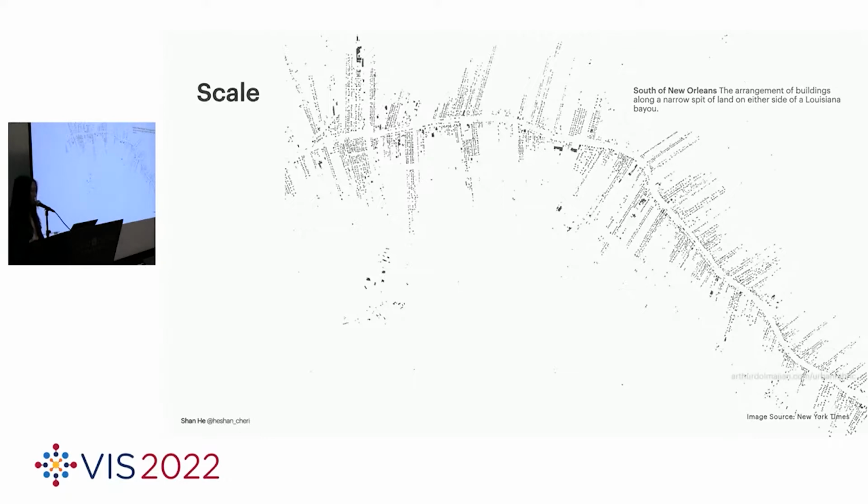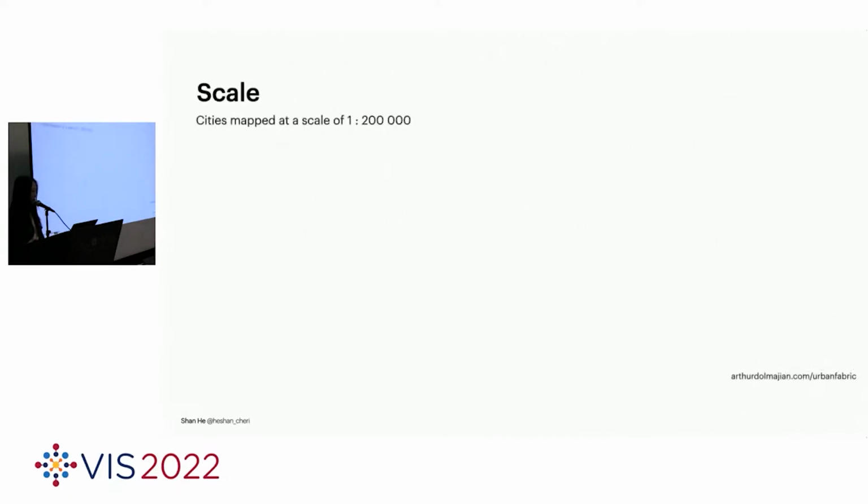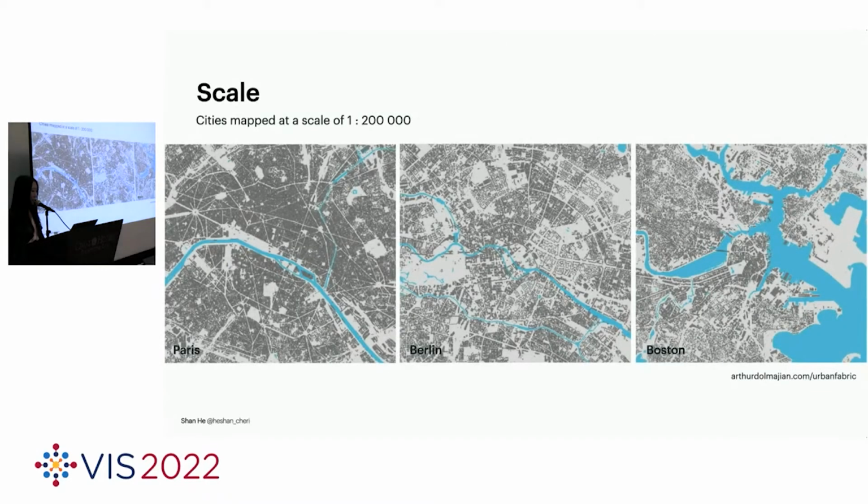And when it comes to scale, it is also important, when we're comparing different maps, to look at them around the same scale, right? This is the same scale of 3 major cities, Boston, Berlin, and Paris. All of them are drawn on the same scale.